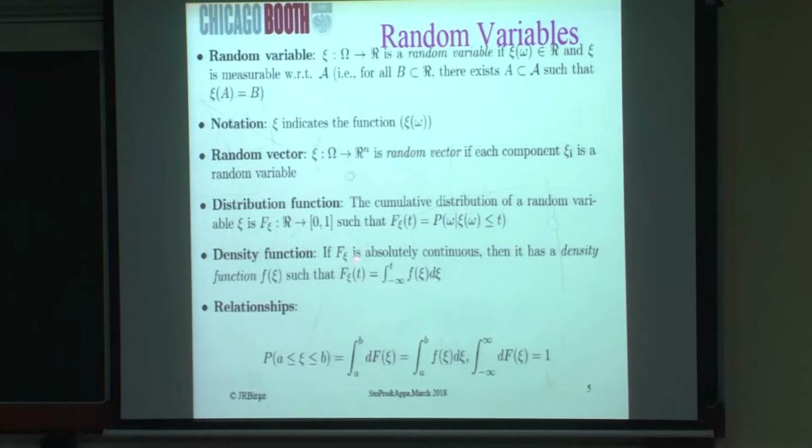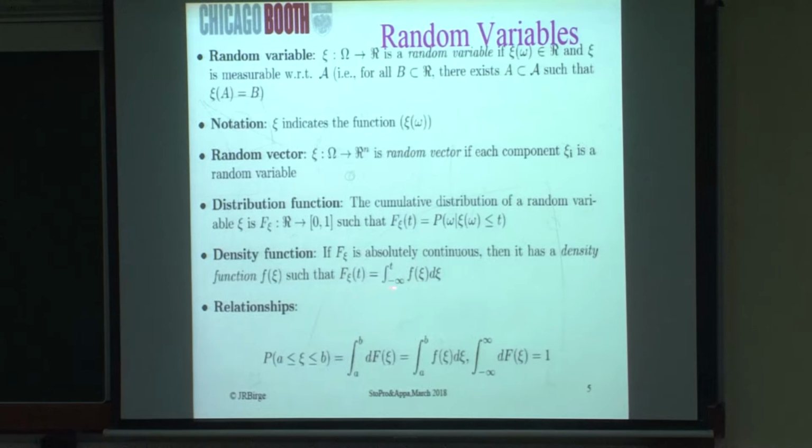Okay, now if F is continuous, so if F is continuously increasing in this t, then we also have a density function. In fact, it will be increasing, since this probability is always getting bigger. So if F is absolutely continuous, then it has this density function.